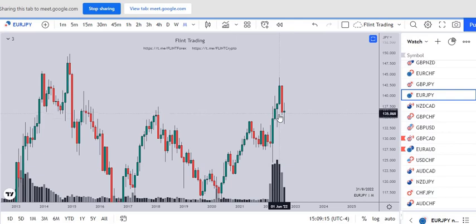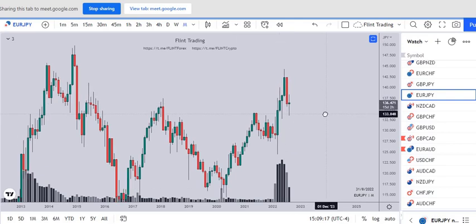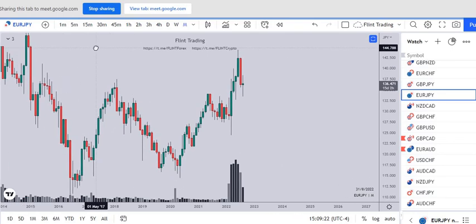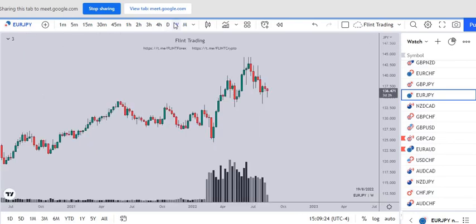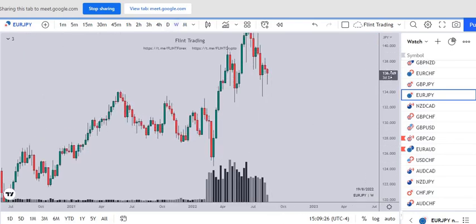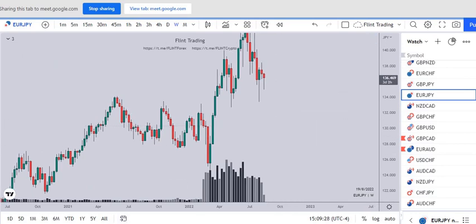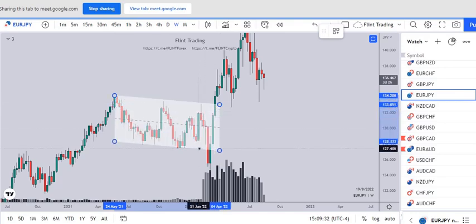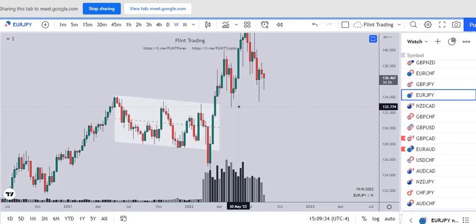Okay, good bearish momentum right there. Mitigated this order block. Okay, so on weekly, the price is coming from a reaccumulation phase. So this could be an inducement.